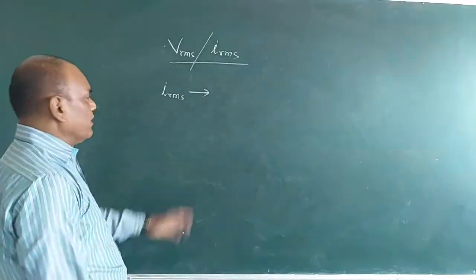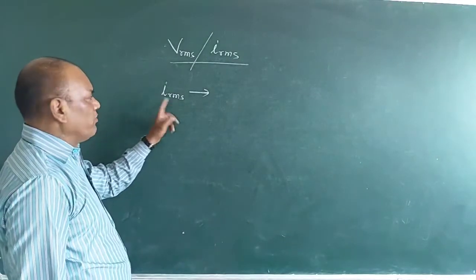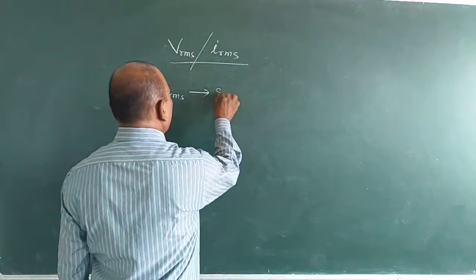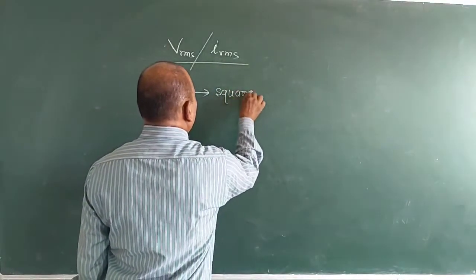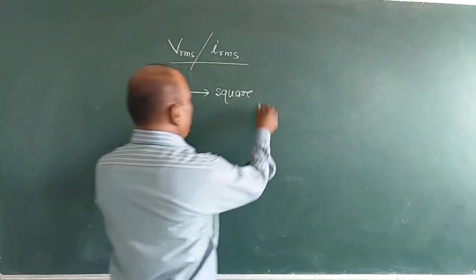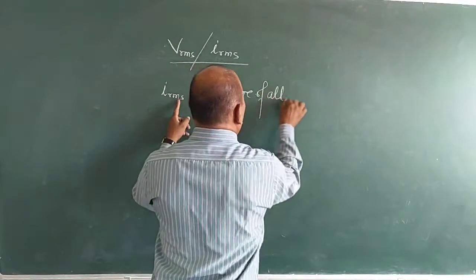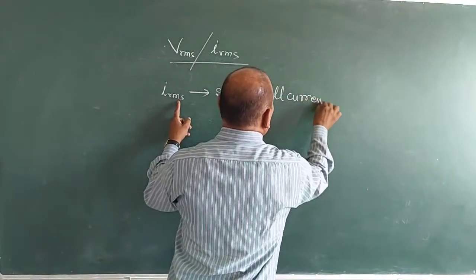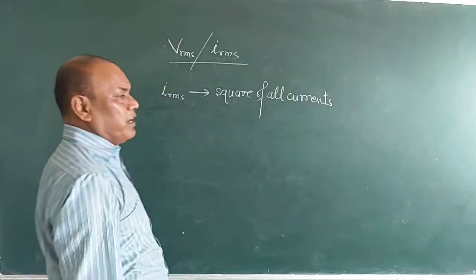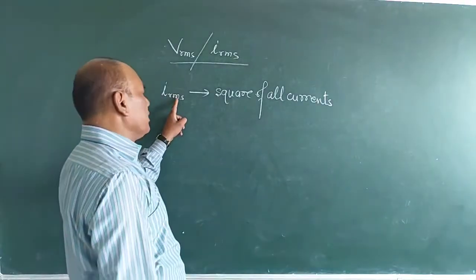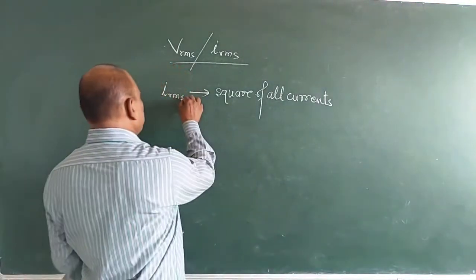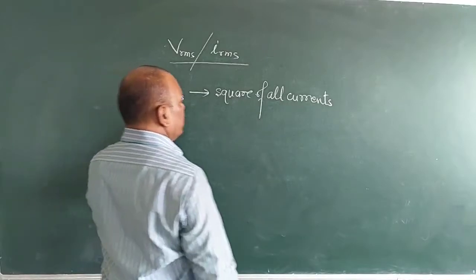IRMS: in this order, first square all currents, then take the mean. It is square and then mean.